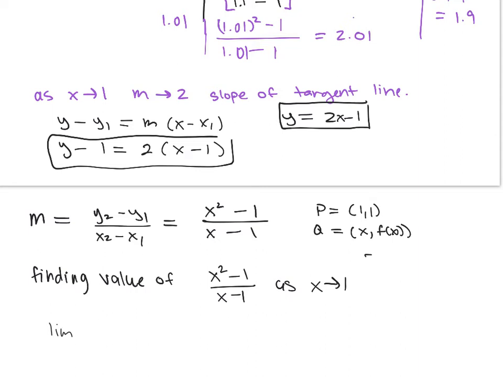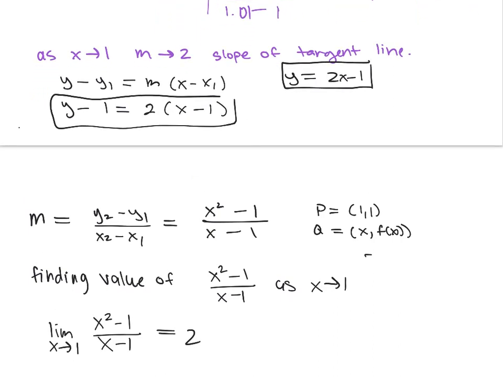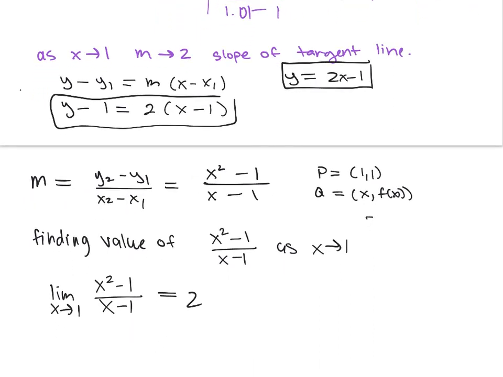The limit as x goes to 1 of x squared minus 1 over x minus 1 is equal to 2. So what we're going to spend a ton of time doing in this unit is taking these limits and figuring out what happens as your x gets closer to that number, which you should think about as plugging in values that are super close to that number.